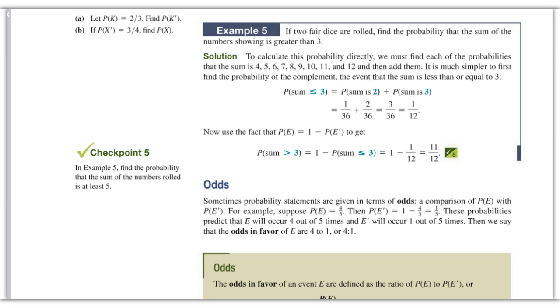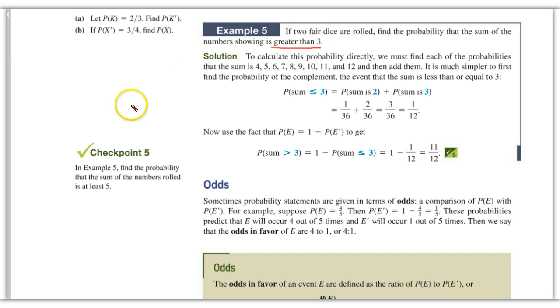Alright, now in example 5, if 2 fair dice are rolled, find the probability that the sum of the numbers showing is greater than 3.